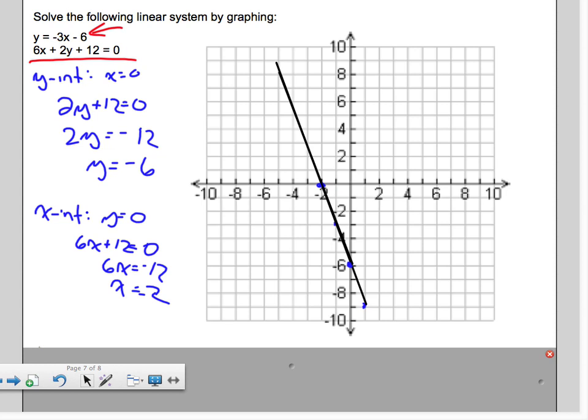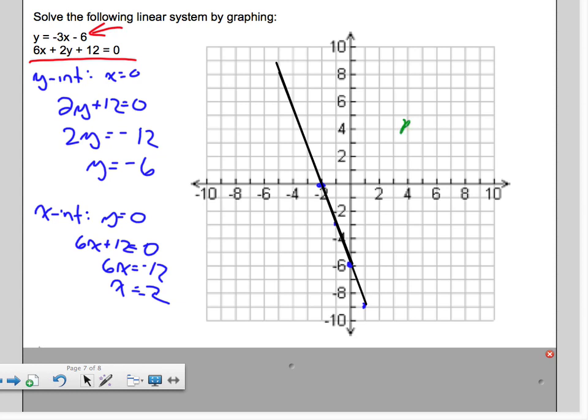So where's the point of intersection here between these two equations? Everywhere on that line.